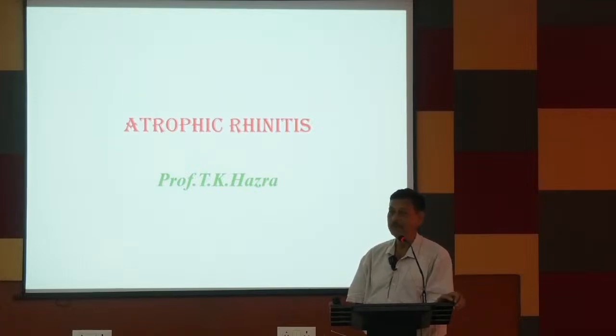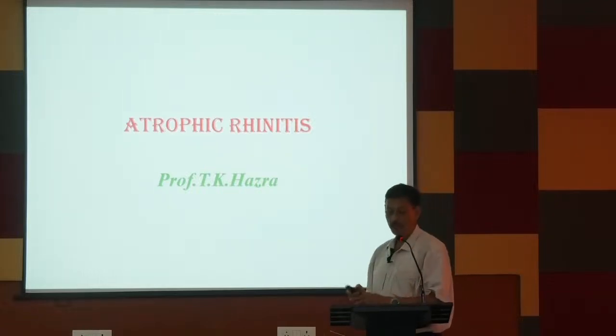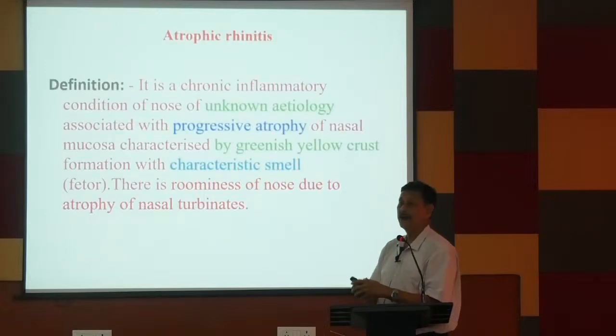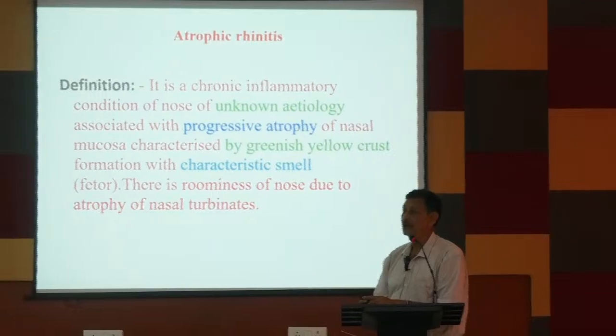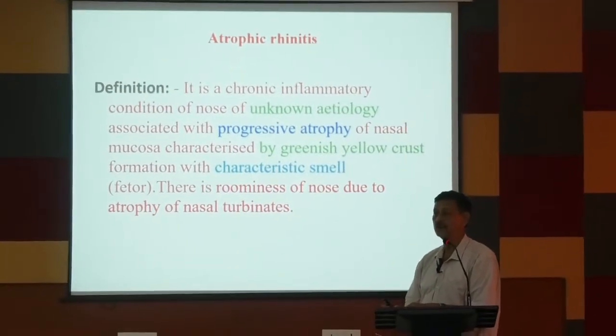This is very common. Atrophic rhinitis is a disease of unknown etiology, because there is primary atrophic rhinitis and secondary atrophic rhinitis. When the cause is not known, we call it primary, like primary hypertension and secondary hypertension, the two things.